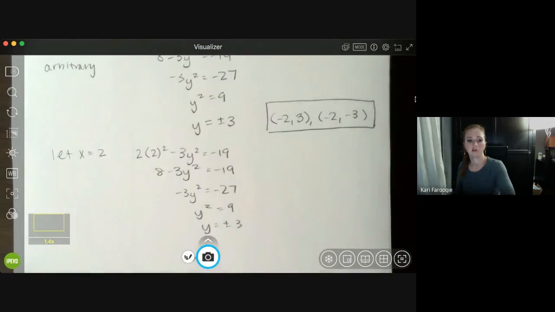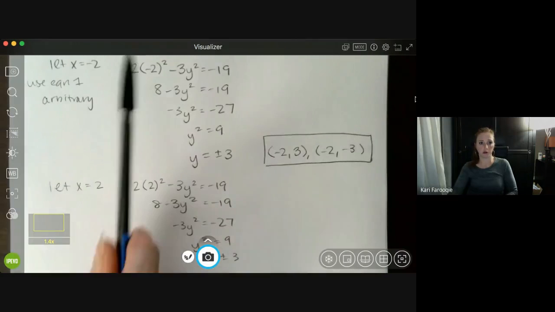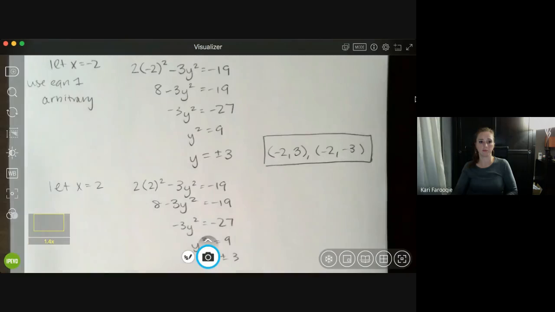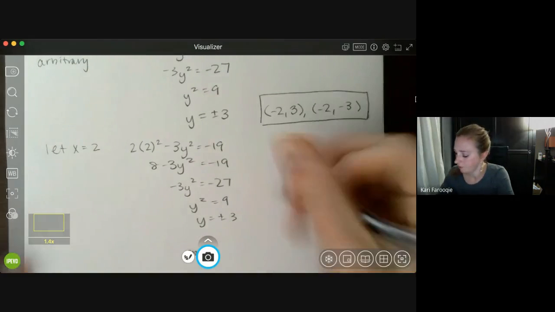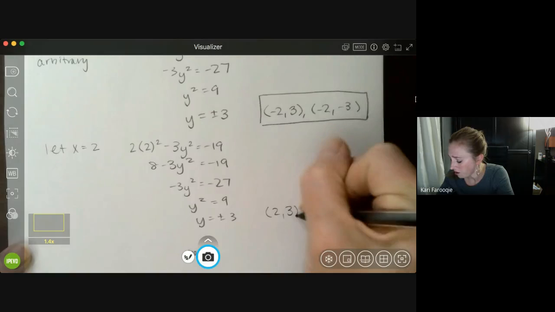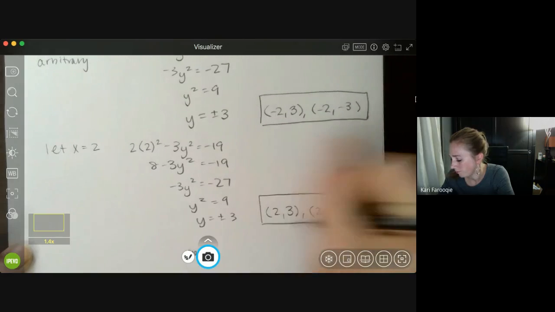Same exact values for y. It doesn't mean you did something wrong. It just means that we squared the value, and when you square it, it's going to come out positive either way, here and here. Now you have 2 more solutions. You have 2 +3 and 2 -3.